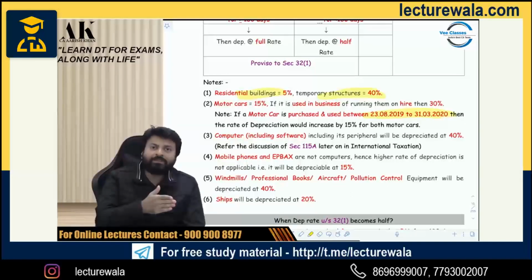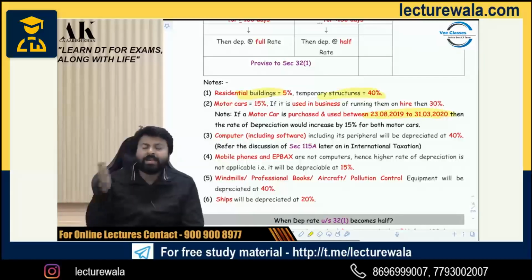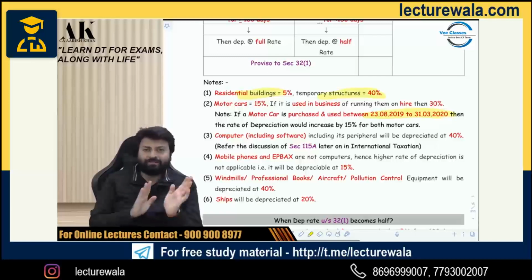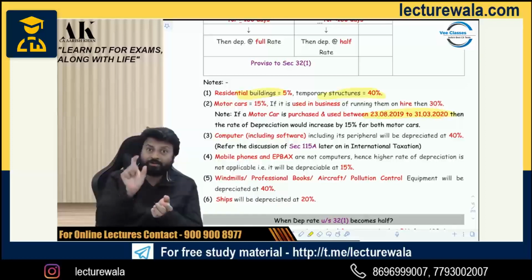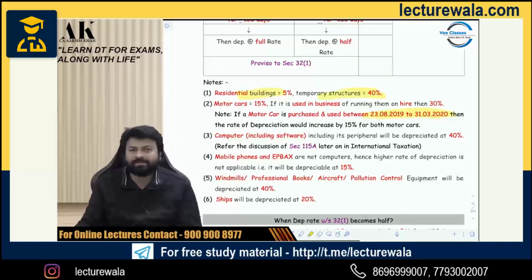So the 15% depreciation rate will become 30 and 30 will become 45. You will get 15% extra. So by default, motor vehicle 15%. If they are running them on hire, then 30%. If you have purchased and put to use in this period, then 15 will become 30 and 30 will become 45. You will get extra 15%. Okay.